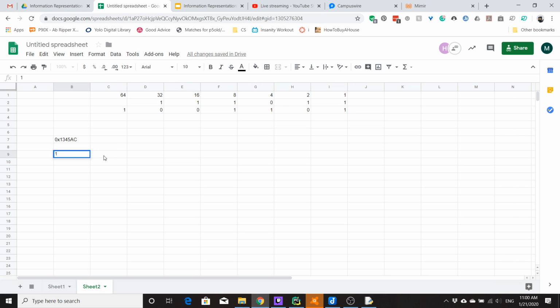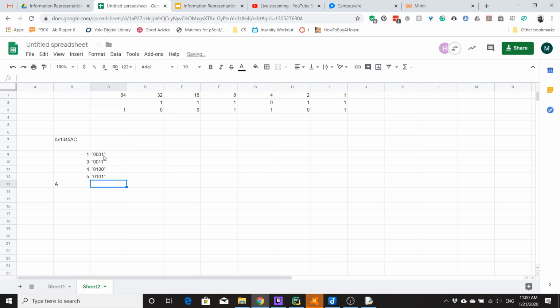So 1 is going to be equal to 0001. 3 is going to be 0011, right? 1, 2, 1, 1 to get 3. 4 is going to be 0100, which is 1, 4. 5, right? 1, 4, 1, 1.